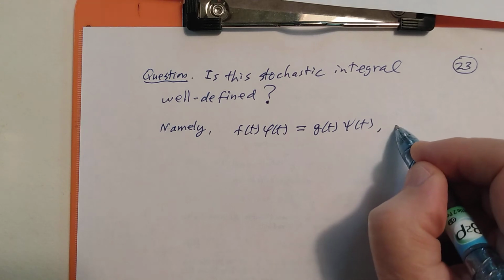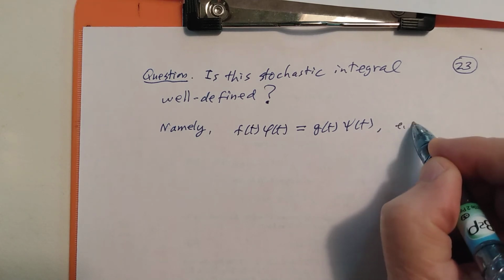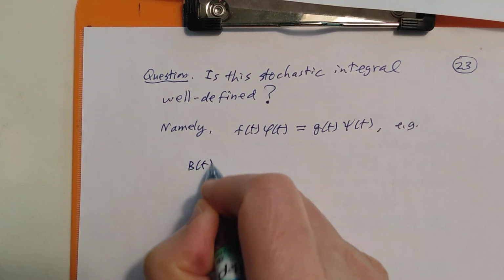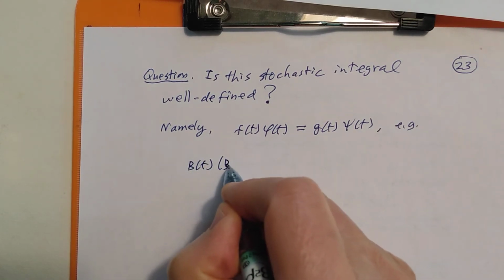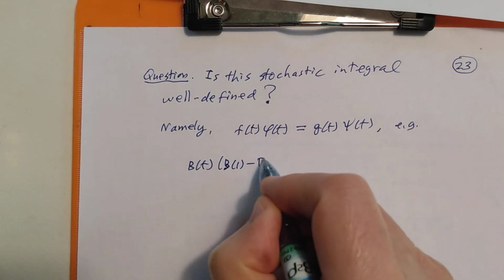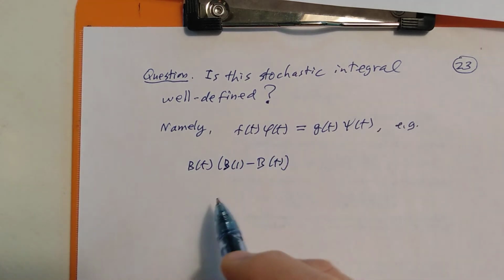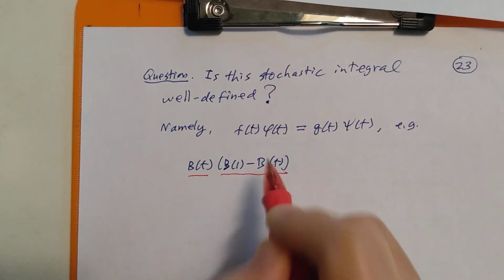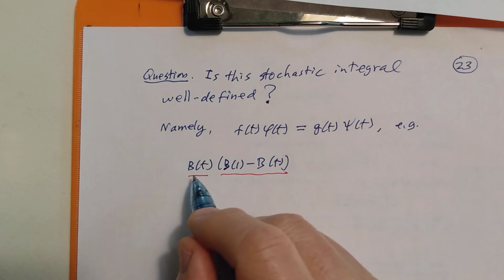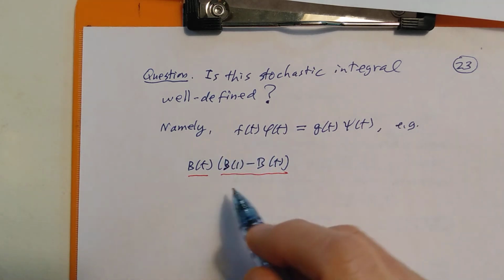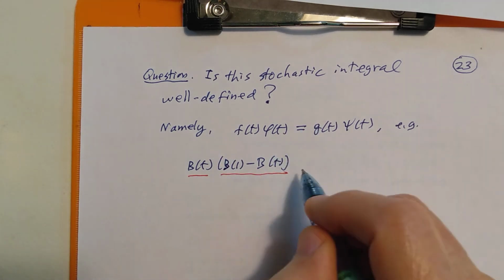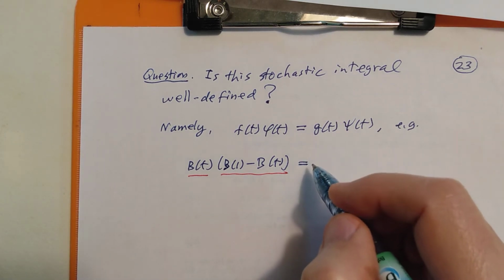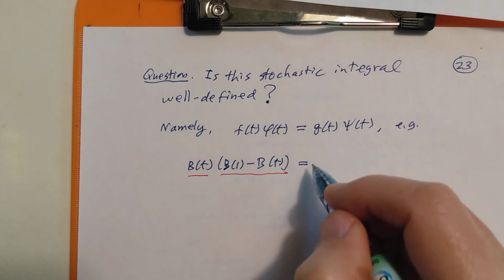For example, Bt times B1 minus Bt. This is the product of adapted and instantly independent. So we can think of Bt as f t, B1 minus Bt as phi t. But this equals what?